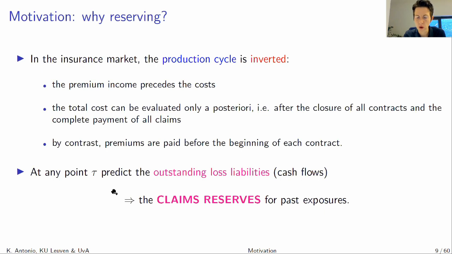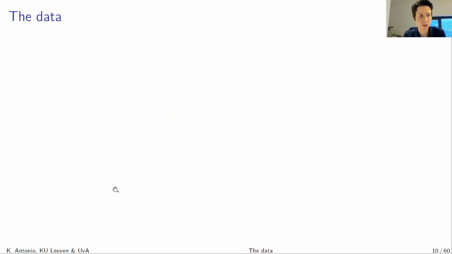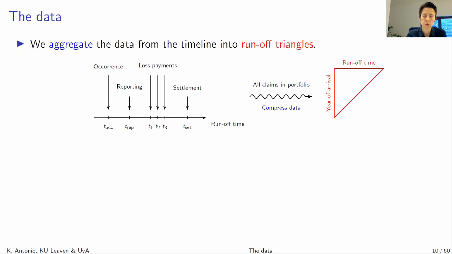That's important so far. So let's now look at the kind of data that we have available in order to work with this type of models and this type of calculations. Here what you see is the detailed timeline on an individual claim, as I already discussed on the previous sheets.